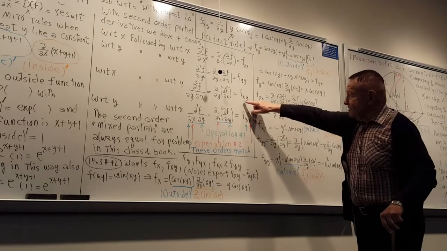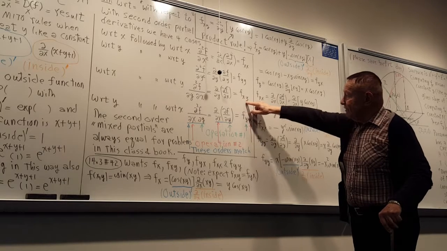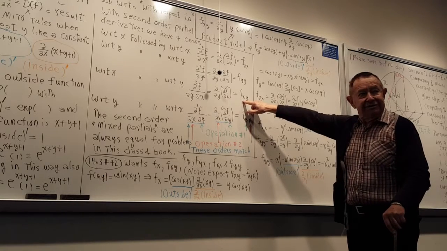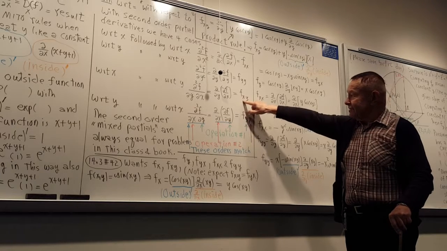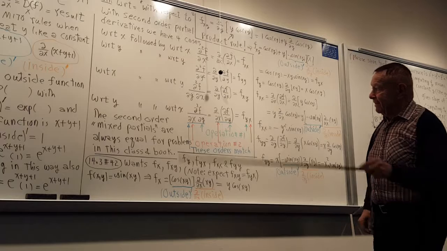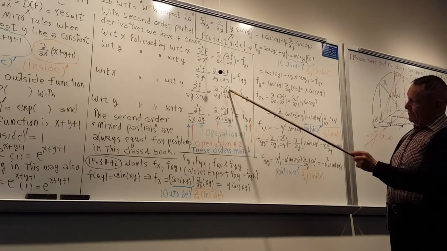If you use this system, reading left to right, the order is the same as the order in which you did things, x first and then y. But if you're using this system, it's based on thinking this way.